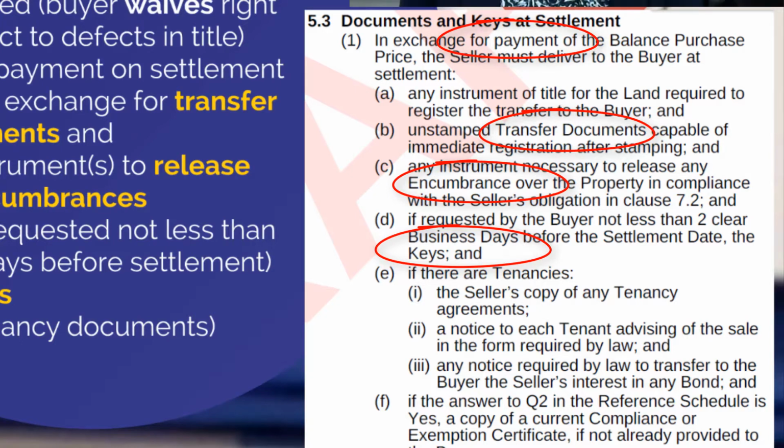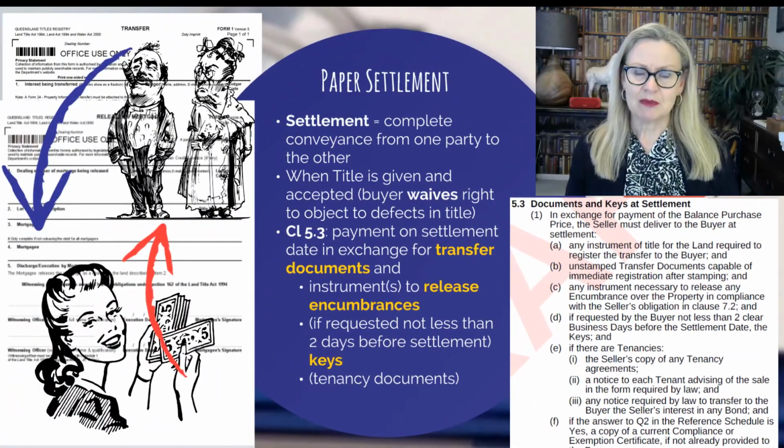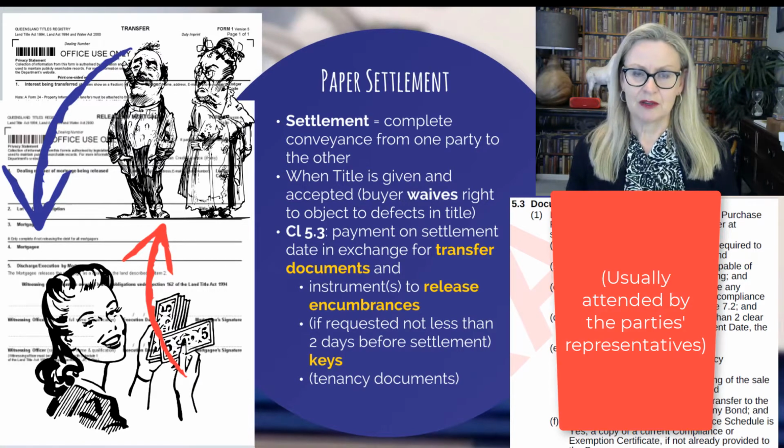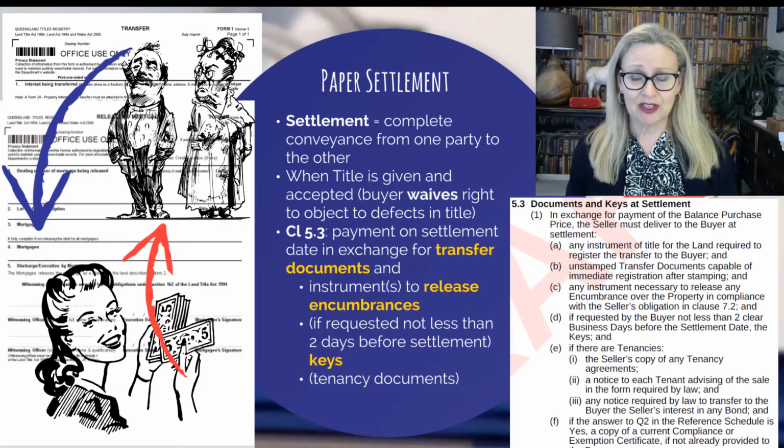If there's any leases that relate to the property, then you're going to have to deliver up the tenancy documents as well. So that is your traditional paper settlement. You'll have the parties gathering around the table at the appointed place for settlement at the appointed time, hopefully, and you will have the exchanges being made in the physical sense.